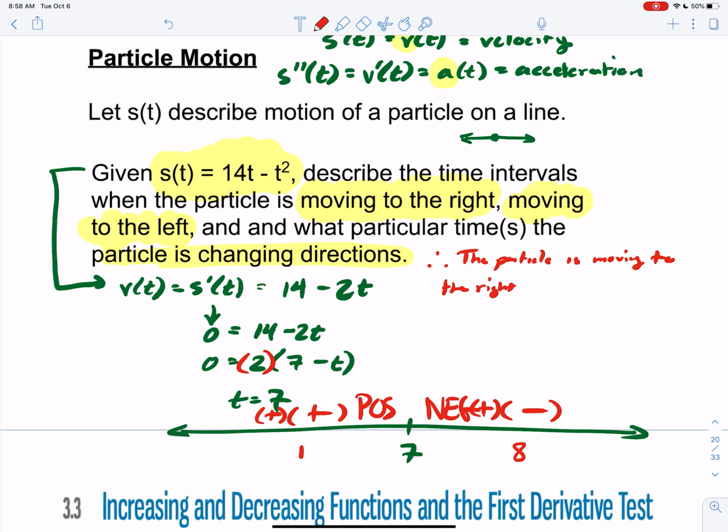So where is this increasing, right? Wherever the derivative is positive. So pretty much right here. From where to where? Remember, you don't want to say negative infinity to 7 because t is time. So you want to say from 0 to 7.